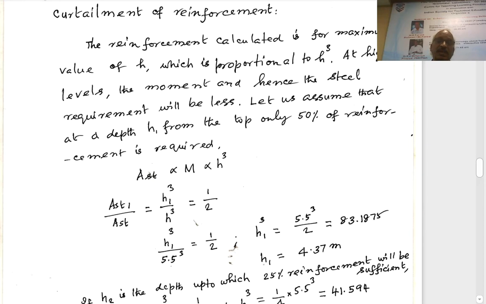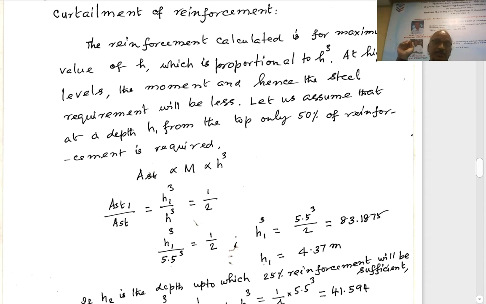So curtailment of reinforcement. Since the bending moment is proportional to h cube, Ka into gamma into h cube by 6, if h is the total height of the stem, suppose we want to provide only 50% of the reinforcement at a level h1 from the bottom. So 50% means if you provide all the bars up to the top, alternate bars can be curtailed.